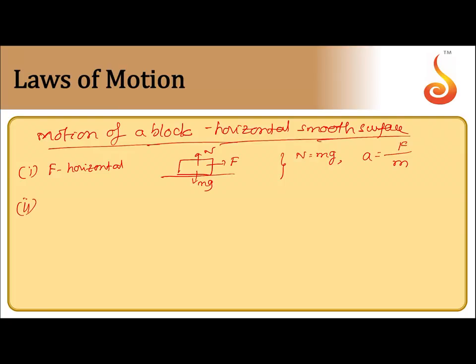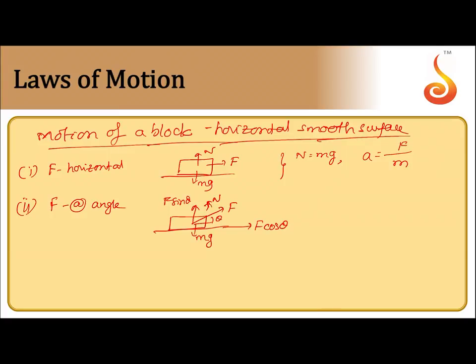Second, so this time force is at an angle. Same setup. F is at an angle theta. Now what are all the forces? I have F cos theta, I have F sin theta, I have N, I have mg.